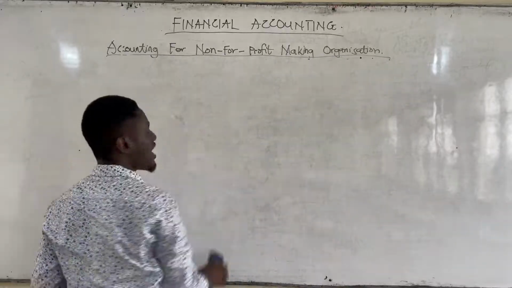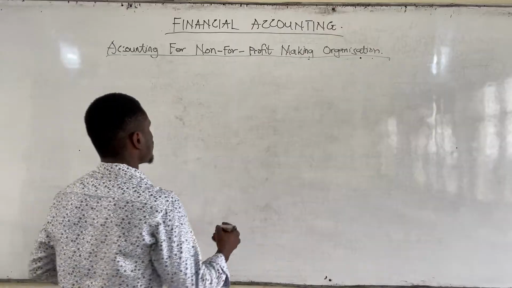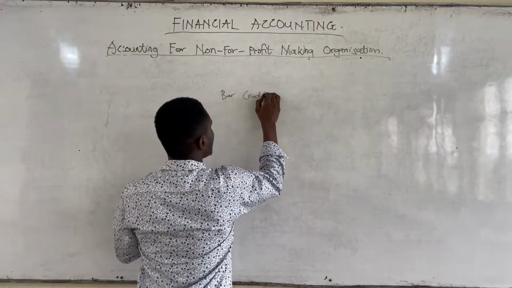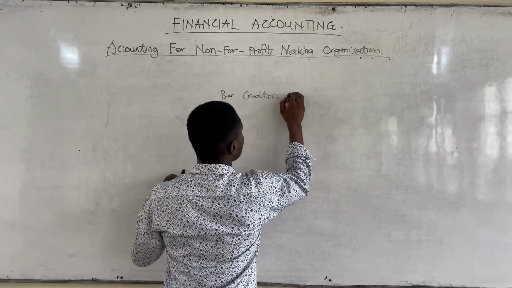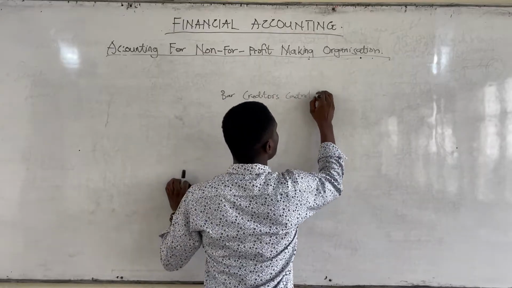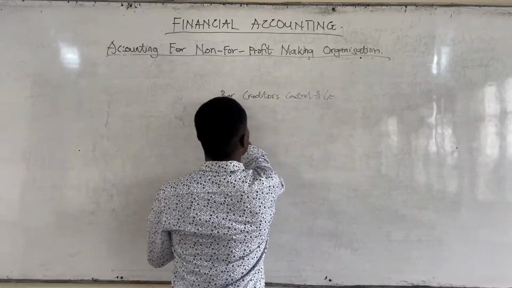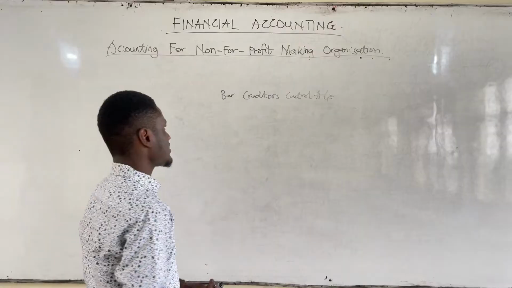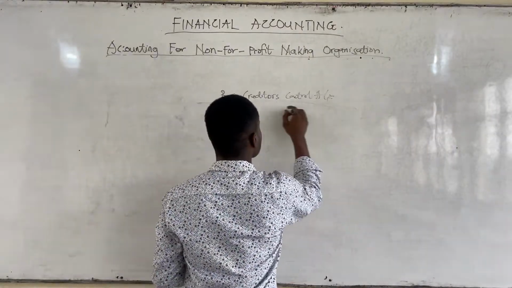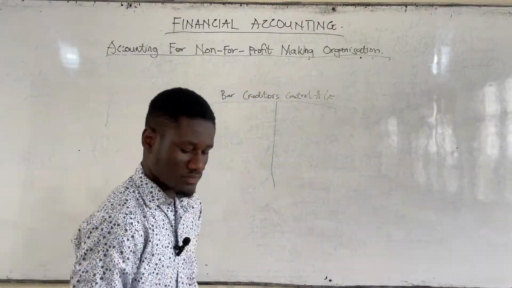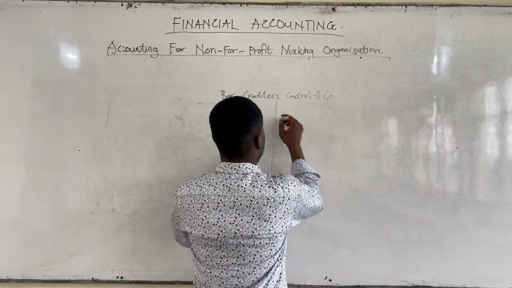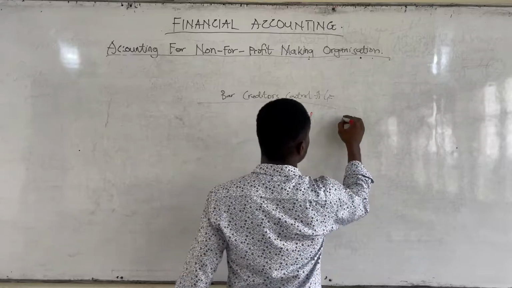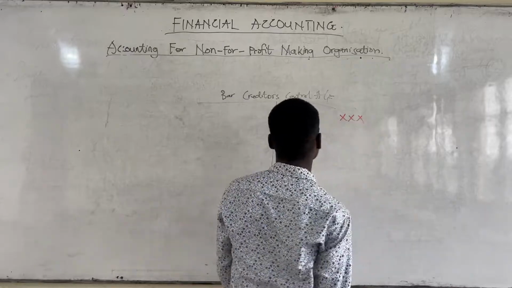Then we'll move on to our bar creditors control account. To get our bar creditors control account, first of all, we know that for creditors, we have our balance brought down this year. So the amount in the question will be written here.